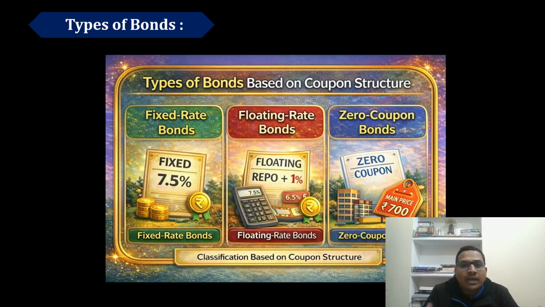Okay, so based on the issuer, we have different bonds: government bond, corporate bond, municipal bond, and PSU bond. Now based on the coupon structure, how the coupon rates are paid, how the extra money is going to be paid by the issuer. If they are paying you a fixed rate, it means the rate is fixed for every year. Suppose this year they have decided to pay you 7.5%, then they are going to pay you 7.5% every year.